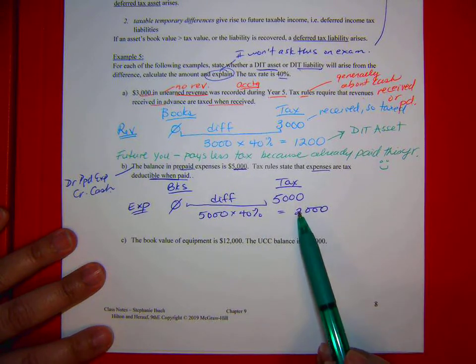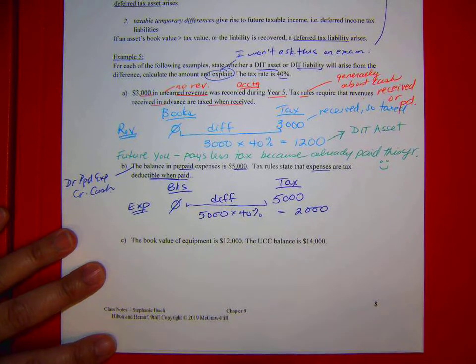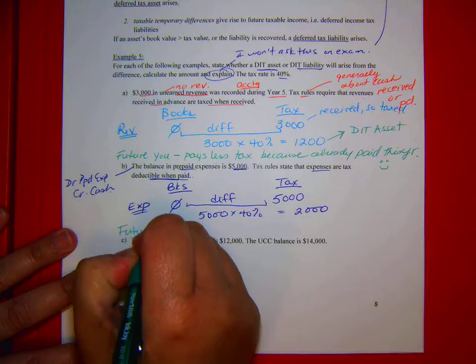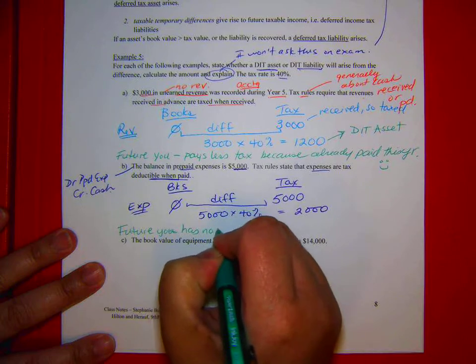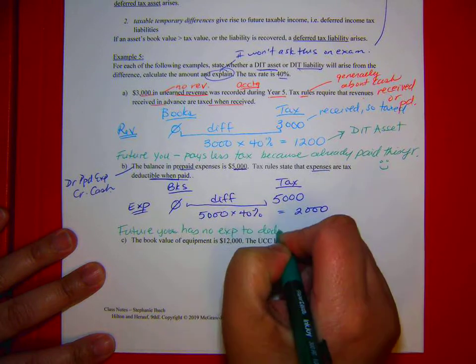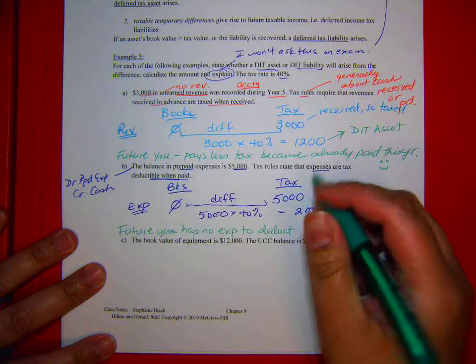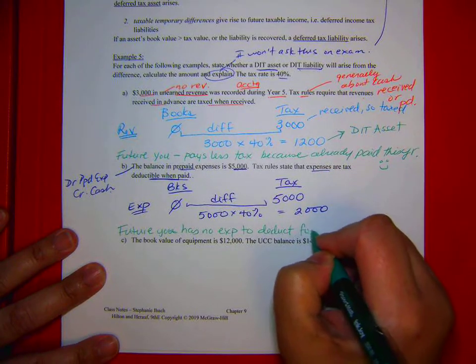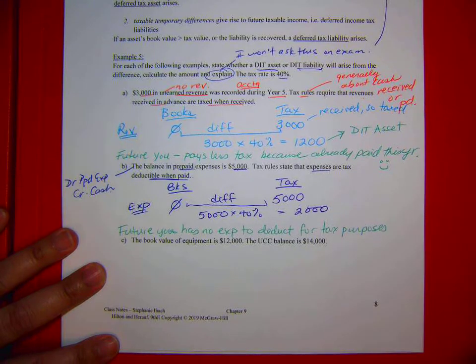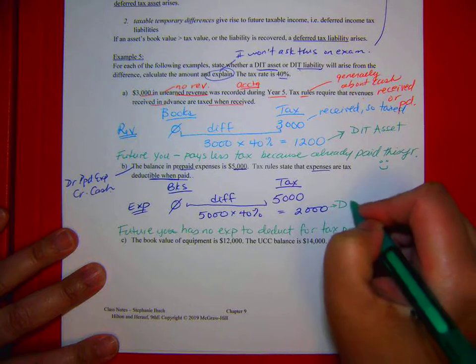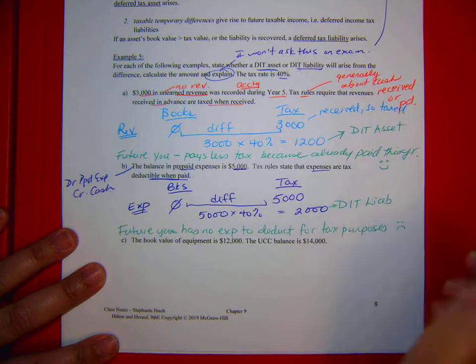Future you has nothing, or no expense, for tax purposes. So how does that make future you feel? Not happy, so that means it is a DIT liability.